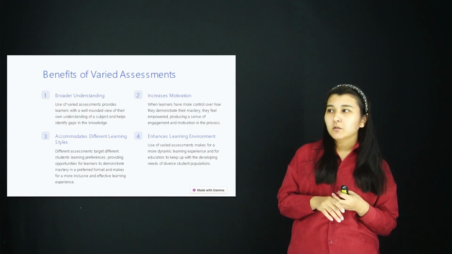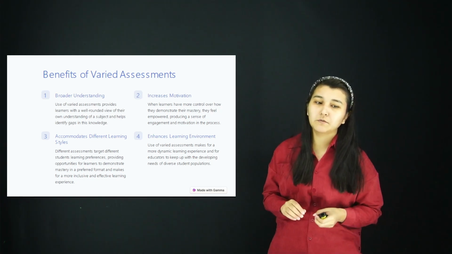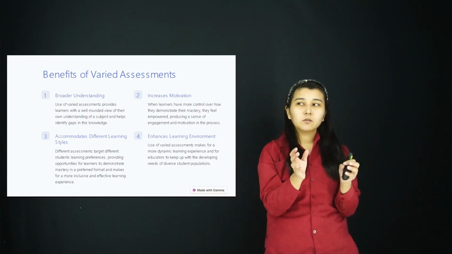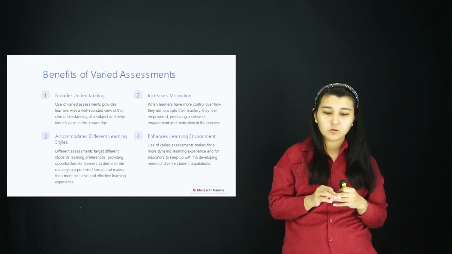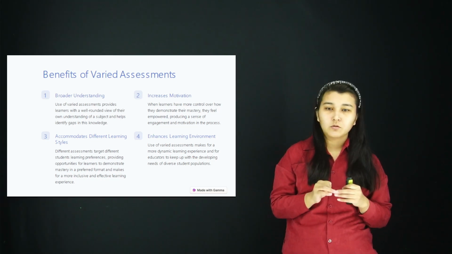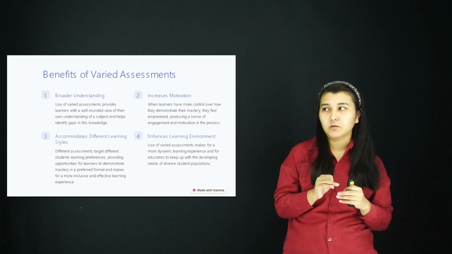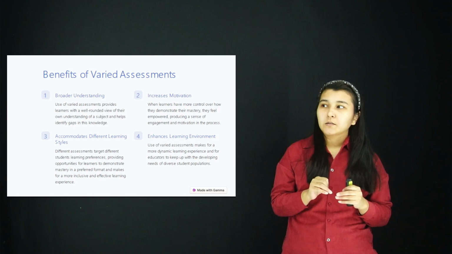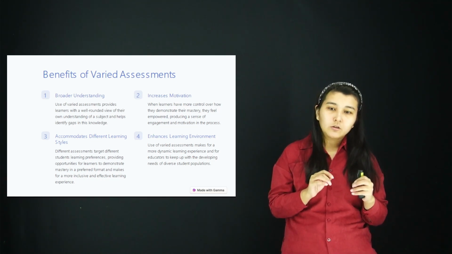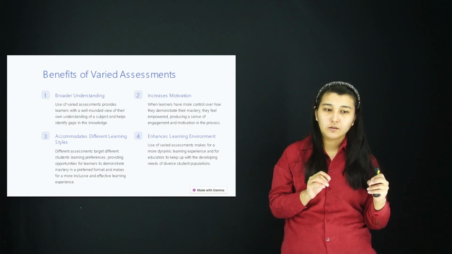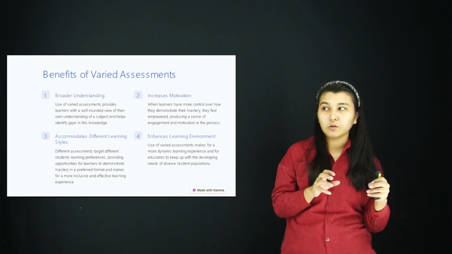And the next one, different learning styles. Yes, we have different learning styles, for example, kinesthetic learners, audiolingual learners, and visual learners. Sorry, learners, not learnings. And we should take into consideration our pupils' learning styles.